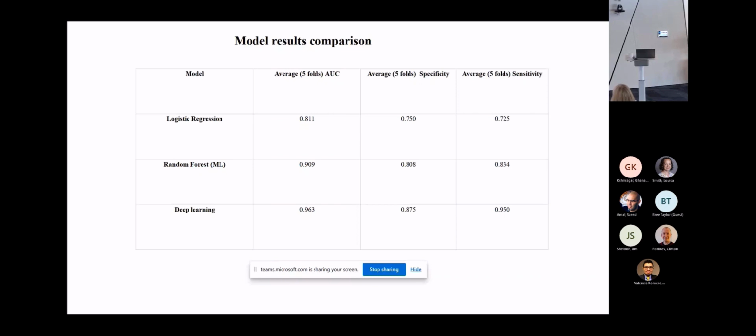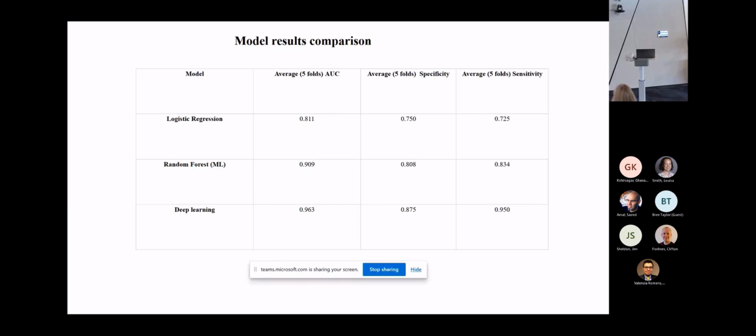As you can see, the deep learning was outperforming all the rest. Also in sensitivity, which is how correctly we predict true positives, we have 0.95, which is very high. And it's much better than the other algorithms.